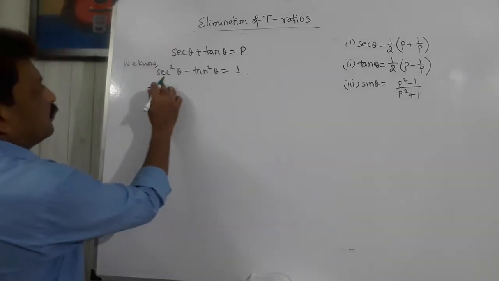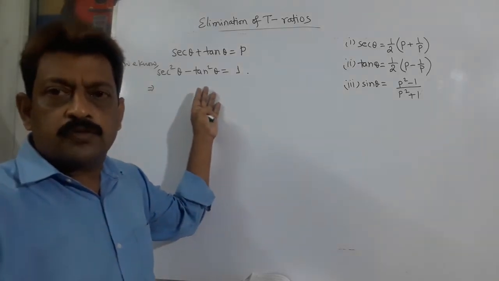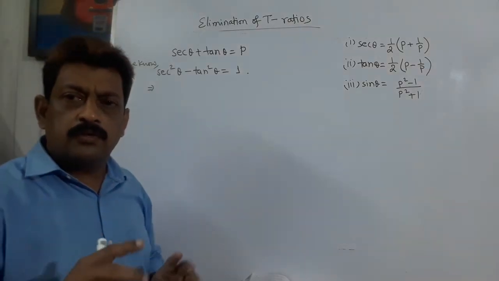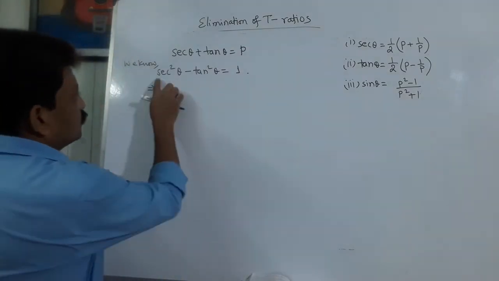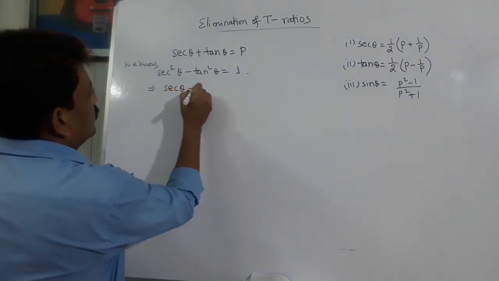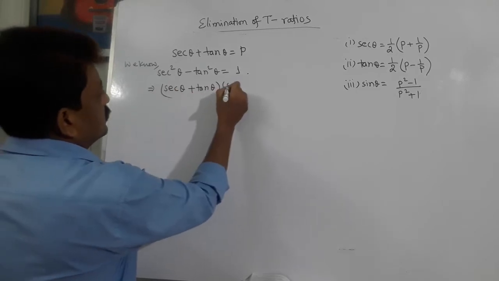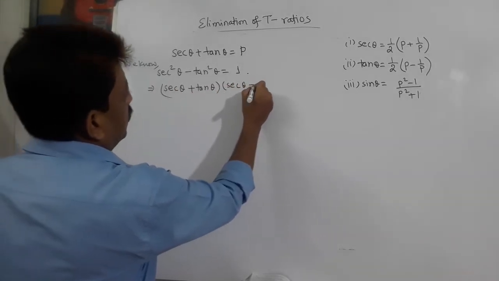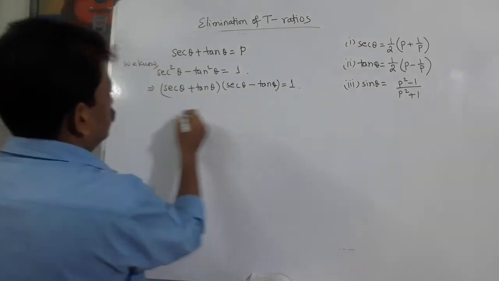Now it is in the form of the algebraic identity a square minus b square, which equals a plus b multiplied with a minus b. So sec square theta minus tan square theta can be written as sec theta plus tan theta and sec theta minus tan theta, that is equals to 1.